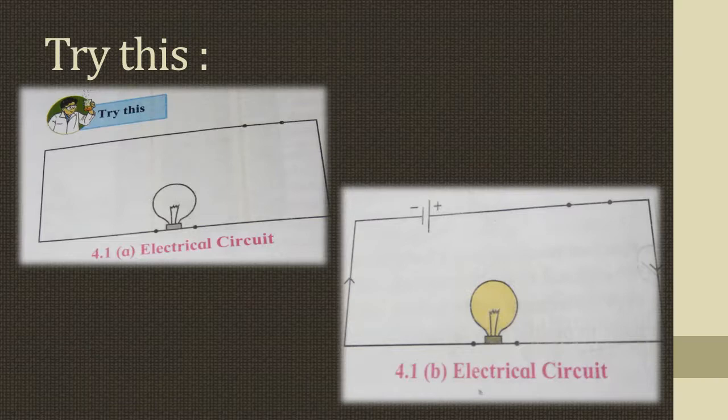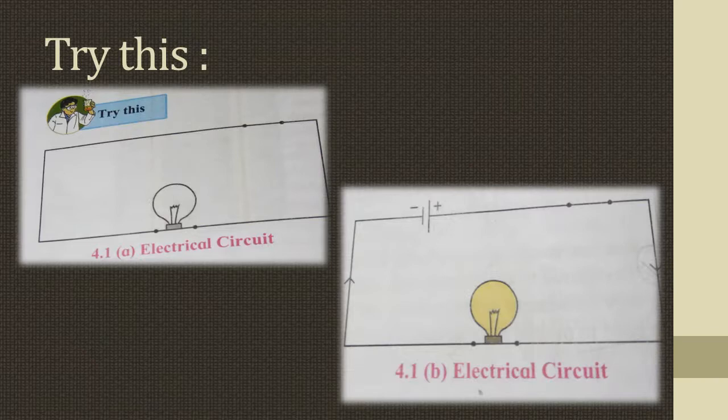Now it will be realized from the glowing of the bulb that a current is flowing in the circuit. Electrons in the wire flow due to the potential difference between the two ends of the dry cell, and these electrons will flow from the negative terminal of the cell to the positive terminal of the cell. Conventional current flows in the opposite direction.